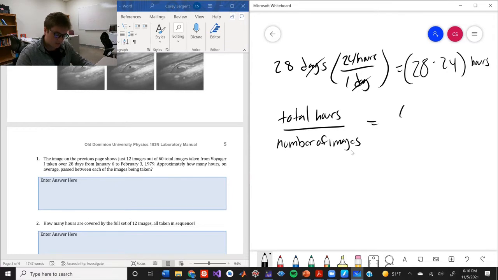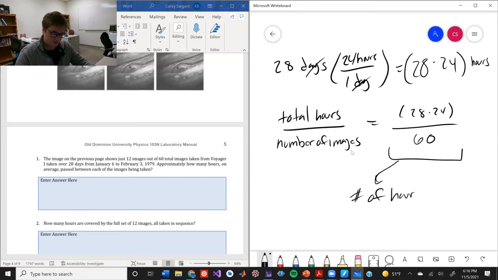That equals 28 times 24 in the numerator over the number of images, which is 60 total. So this will give us the number of hours between each image.